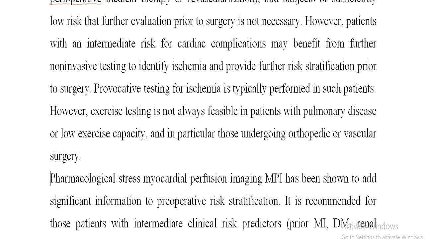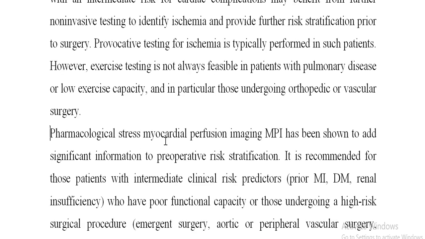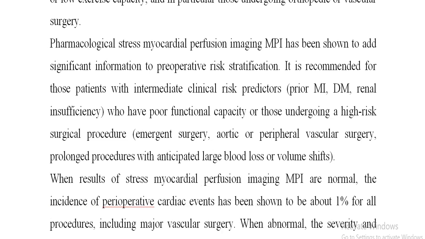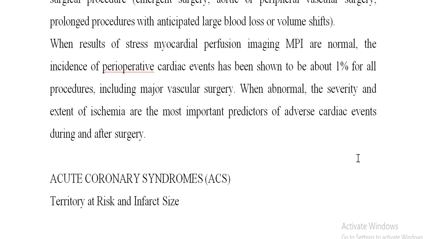It is recommended for those patients with intermediate clinical risk predictors, prior MI, DM, renal insufficiency, who have poor functional capacity, or those undergoing a high-risk surgical procedure: emergent surgery, aortic or peripheral vascular surgery, prolonged procedures with anticipated large blood loss or volume shifts. When results of stress MPI are normal, the incidence of perioperative cardiac events has been shown to be about 1% for all procedures, including major vascular surgery. When abnormal, the severity and extent of ischemia are the most important predictors of adverse cardiac events during and after surgery.